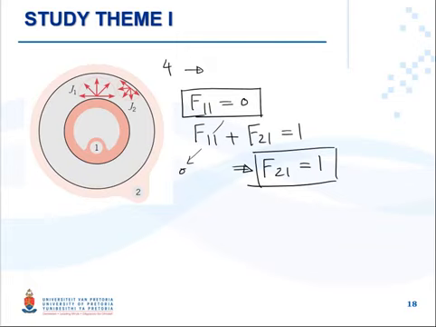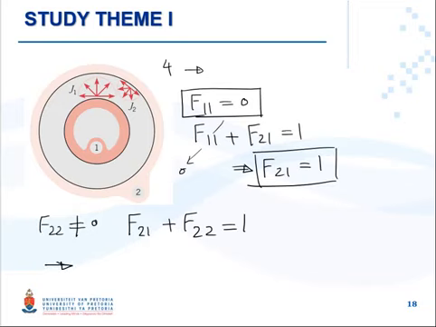Now let's go back to surface 2. What kind of surface is surface 2 compared to surface 1? It's concave, so F22 is not 0. We know from the summation rule that F21 plus F22 is equal to 1, but we can't find either of them to use this summation rule. That's the place where we can use reciprocity.